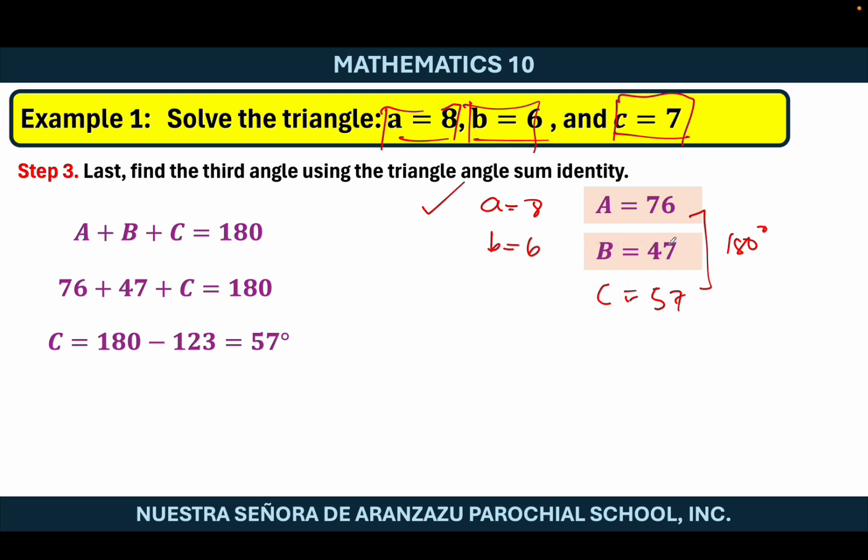And when it comes to the value, that is also the smallest value for the angle, which is 47. And C is 7, siya yung pangalawa. And as you can see, pangalawa din si 57. So, dapat nagmamatch yung value ng sides sa value ng angles.